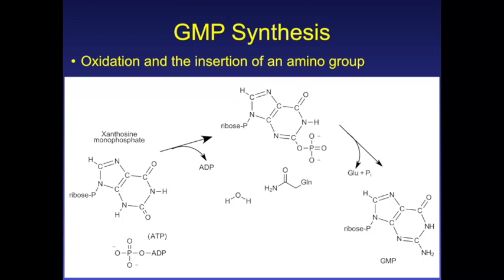All right, here. To get to GMP, I have to use an energy molecule, and that energy molecule is ATP. To make GMP, I have to have ATP. To make AMP, I need GTP. They are reciprocally regulated. So they're balanced between each other. All right, where in the world am I going to attach this?